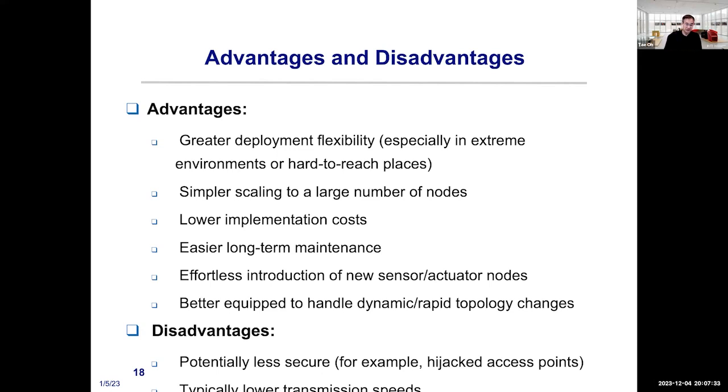Scale is a bigger advantage, and you can create a lot of these. Okay, it creates a large number of nodes because it's cheap. It has a lower implementation cost and easier long-term maintenance, and also effortless introduction of new sensor and actuator nodes, and it's also well equipped to handle dynamic, rapidly changing topology.